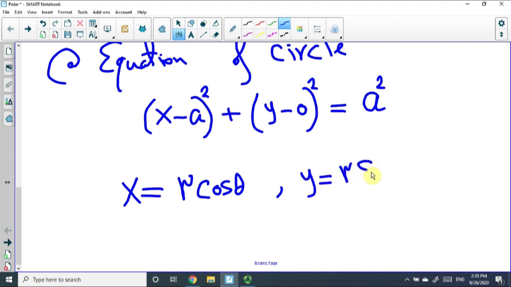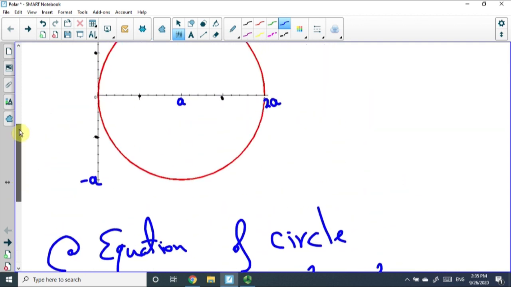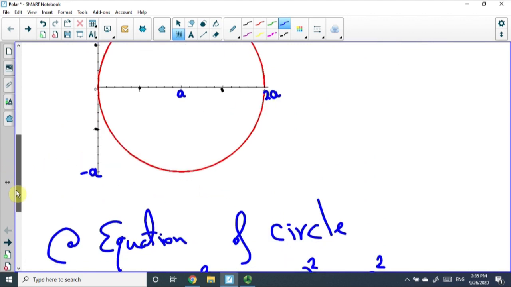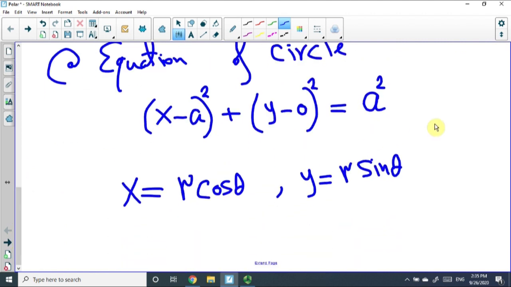r sine theta. Before we do that, remember that this circle is shifted to the right, and that means the values of x are all positive. So x is greater than or equal to 0.